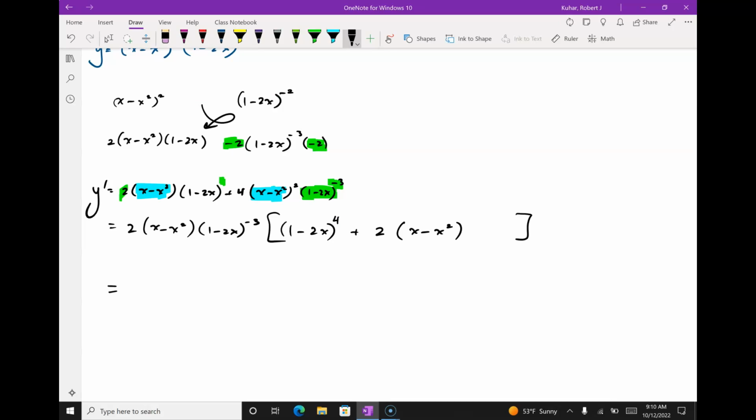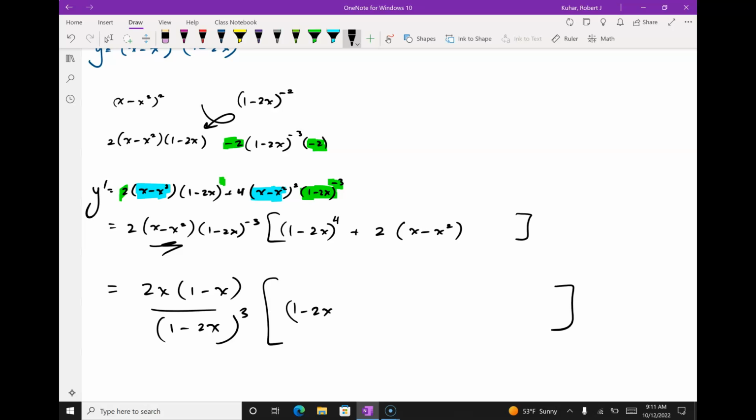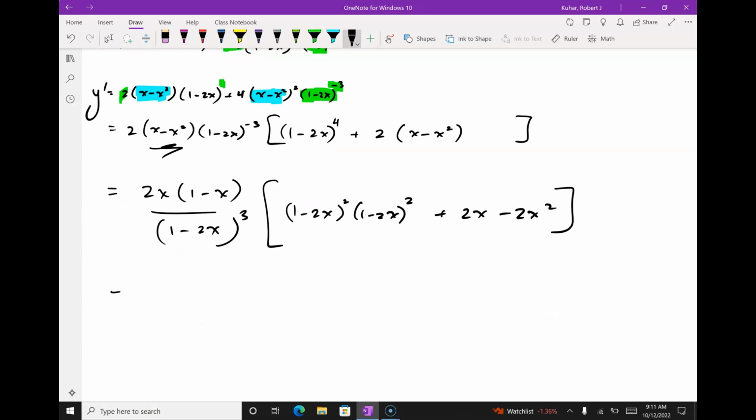So I right away see I can take out an x from here, and I can move my 1 minus 2x to the third. That I can move downstairs, and then this is just going to take me some work. I'd rather do the FOIL pieces, right? So I'm going to FOIL each of those and then distribute it again.